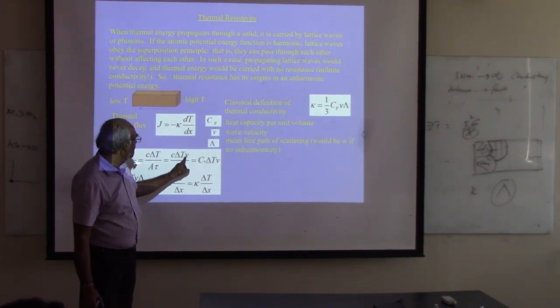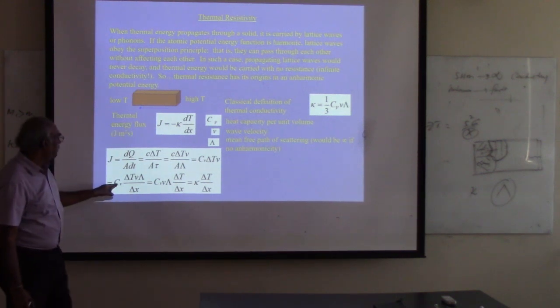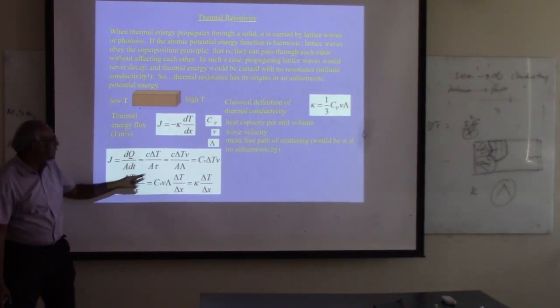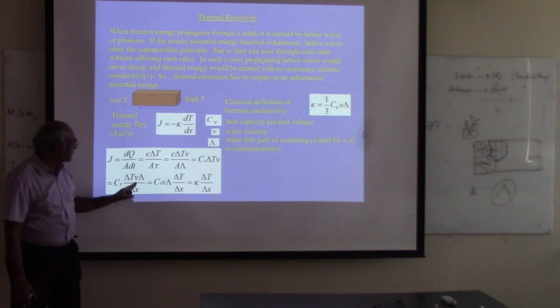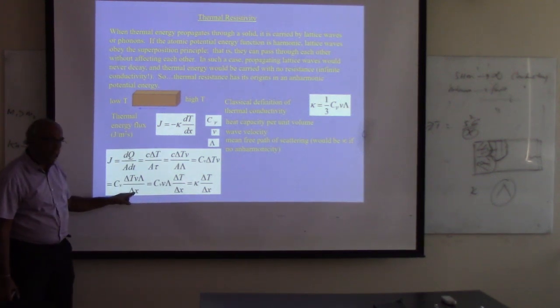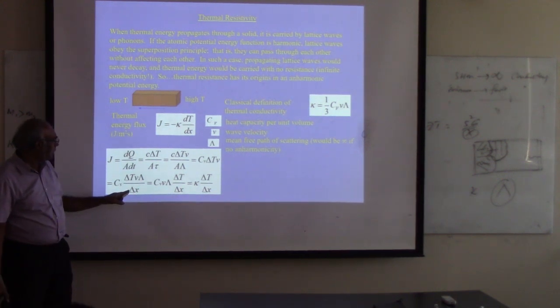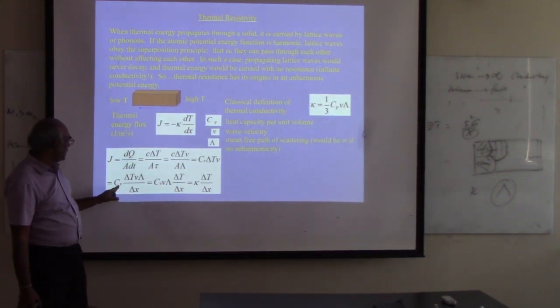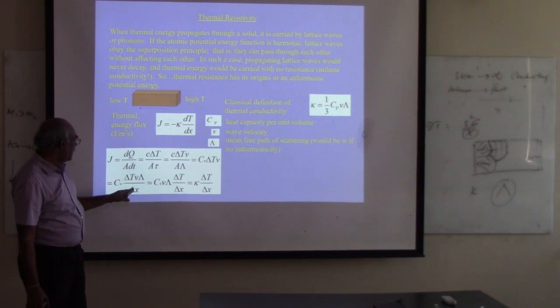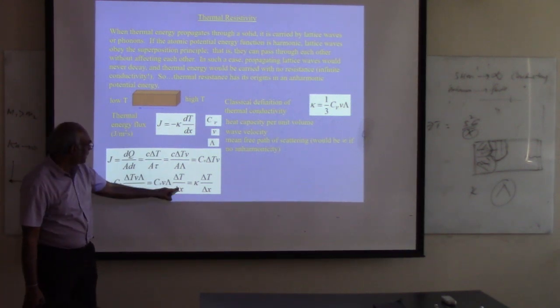So that's C_V delta T over V. Now delta T I can write as delta T divided by delta X times gamma, right? So that's the same thing. If you do this, you will get C_V V gamma, then you have delta T over delta X, right?